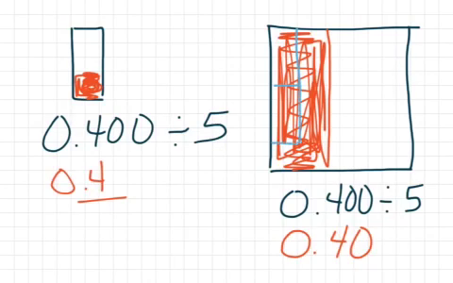And I can do a set of 8 here, and then it leaves us a set of 8 there. So I can see that I've got 5 places in each of those equals 8 hundredths. So my answer, 400 thousandths divided by 5 is 8 hundredths.